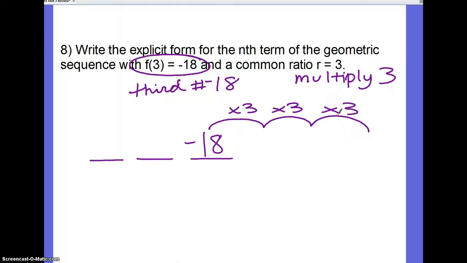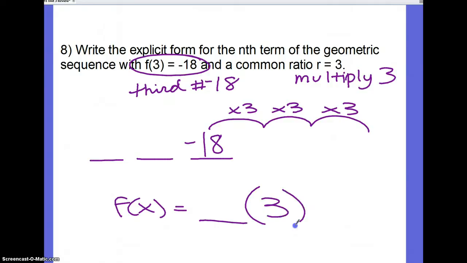And so, on the test, it is going to have the explicit form written with the first term. So it'll look like this. We know it's multiplying by 3, and it'll have x minus 1 as an exponent. So since it's a minus 1, we're going to have to go backwards to the first term, because we have to have the first term if we're minusing 1.